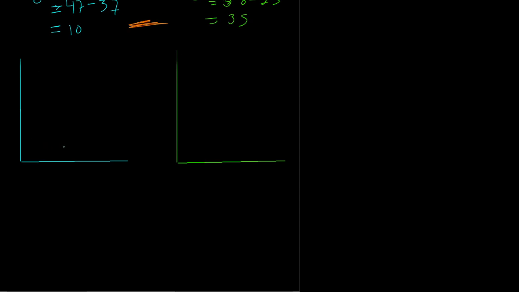So we're going to cut this into 6 bins. 1, 2, 3, 4, 5, 6. And so the midpoints are going to be 25.5, 31.5, 37.5, 43.5, 49.5, and 55.5.